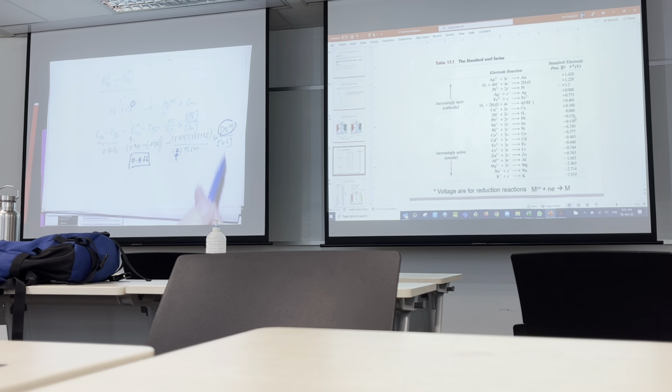Now, because of this, you change the concentration gradient, the molarity, and the EMF becomes bigger. So you can adjust the potential not only by having the standard condition. You can actually change the electrolyte to change the so-called voltage between anode and cathode. So this is what it means.